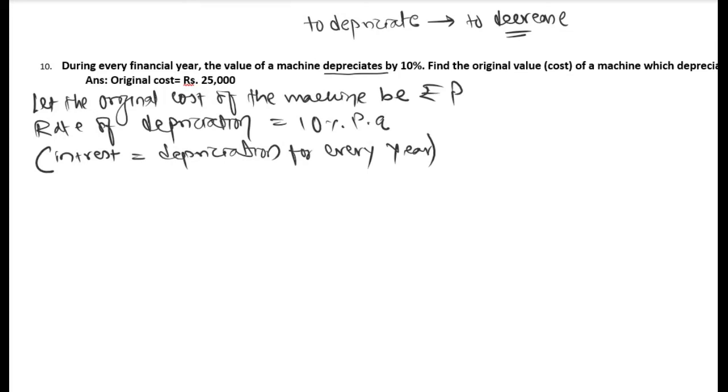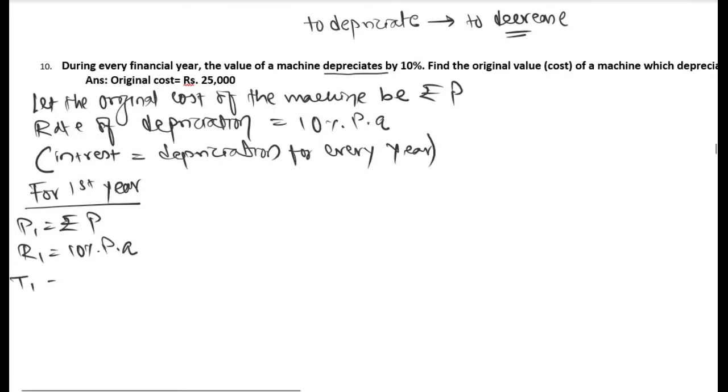Let's do the calculation for first year. For first year, P1 is equal to rupees P. We don't know the original cost of the machine, so it is P. R1 is equal to 10% per annum.